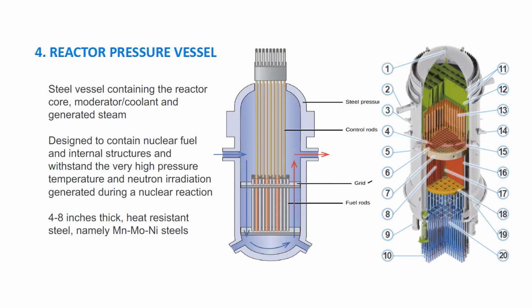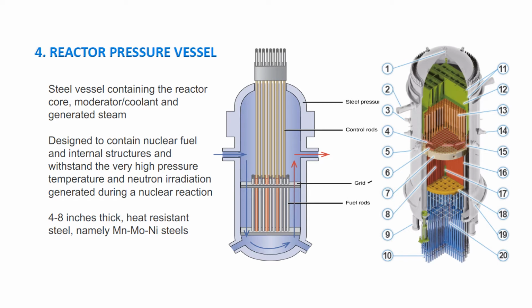The next part is your reactor pressure vessel. This is a steel vessel containing the reactor core, the moderator or coolant, and the generated steam. It is designed to contain nuclear fuel and internal structures and withstand the very high pressure, temperature, and neutron irradiation generated during a nuclear reaction. Sometimes in a nuclear reactor, when your materials are not compatible with your fission reaction, the material will become brittle, which can cause problems later.